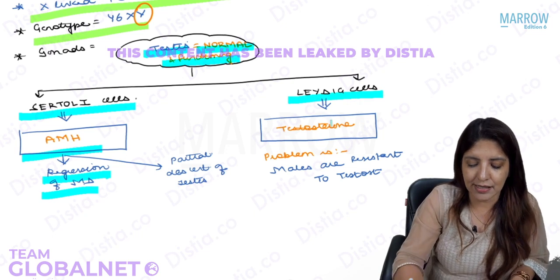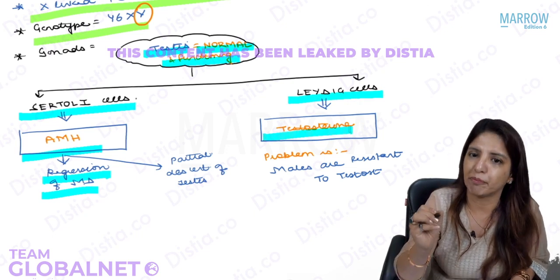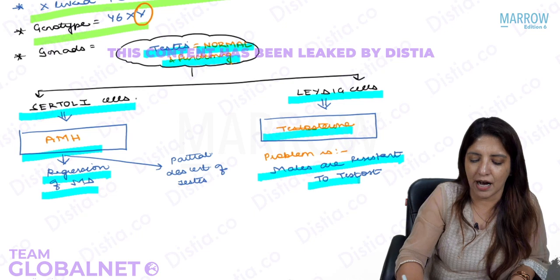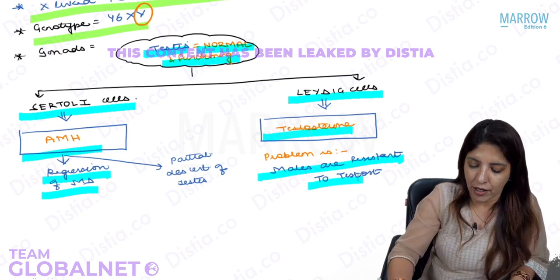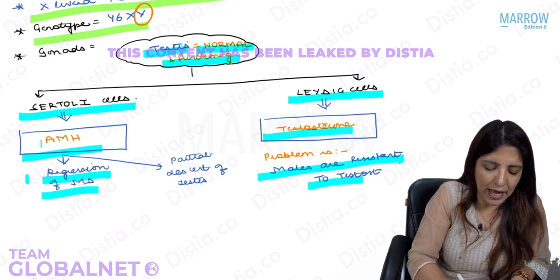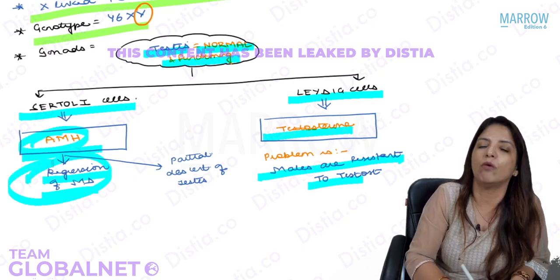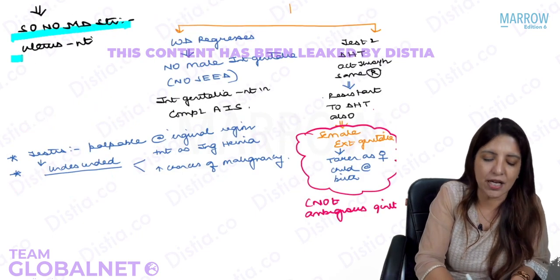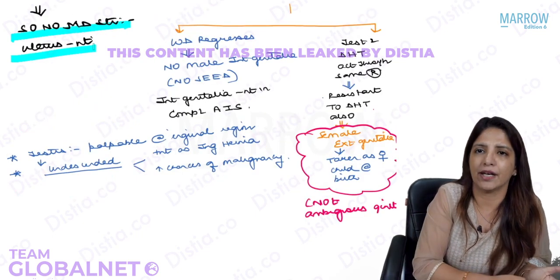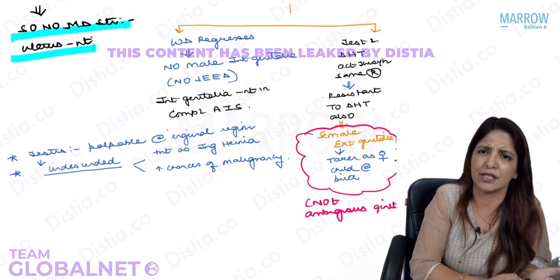Then the Leydig cells are going to form testosterone, but the problem is that these males are resistant to testosterone. Now, what is going to happen? Because they were forming anti-Mullerian hormone, the Mullerian duct had regressed, so there is no Mullerian duct structure. That means the uterus is absent, and that is how it should be in a male.